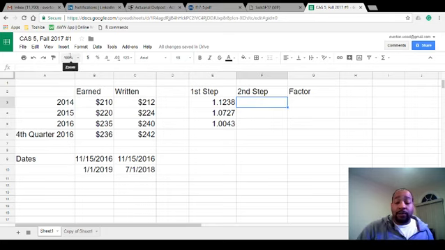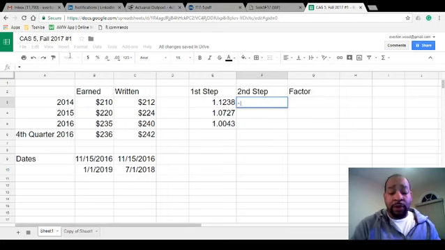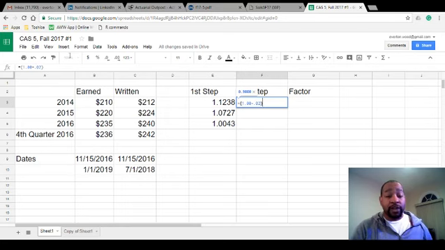So I'm going to do a bracket, 1, which stands for 100%, minus 0.02, which is 2%. That's the 2% reduction. Then we need to bring it forward by an appropriate date.